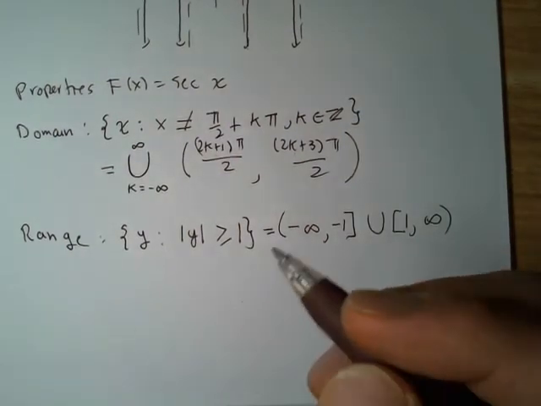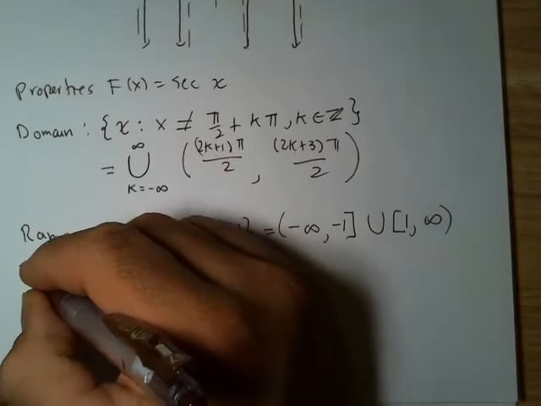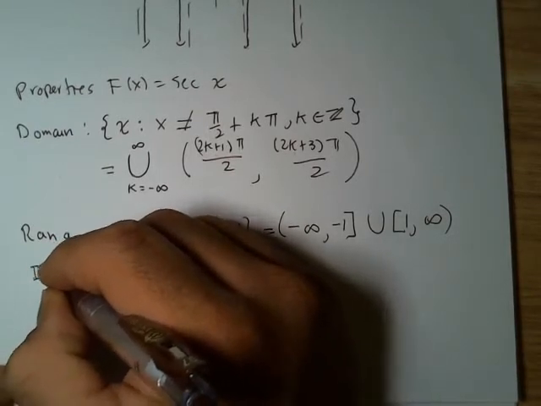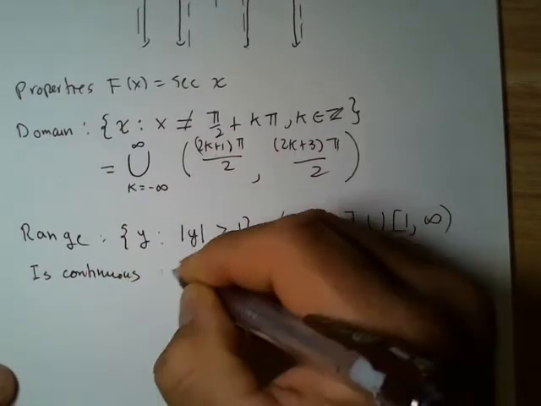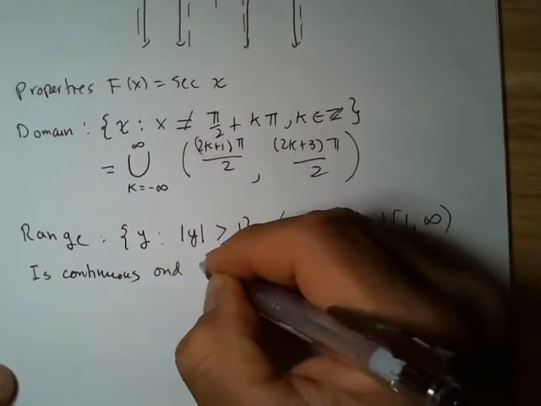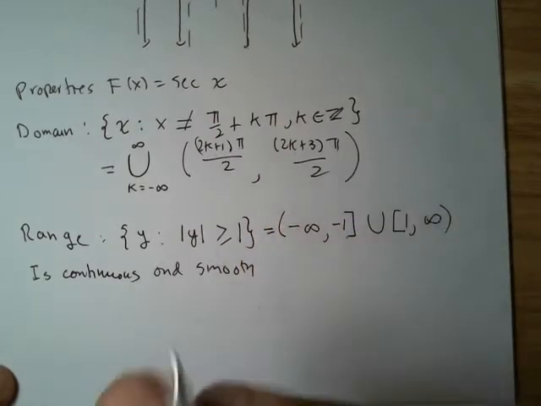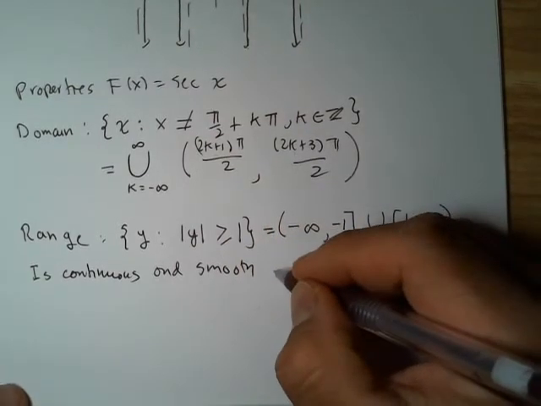Another property of the secant is that it is continuous and smooth on its domain. All right, important distinction, that last part: smooth on its domain.